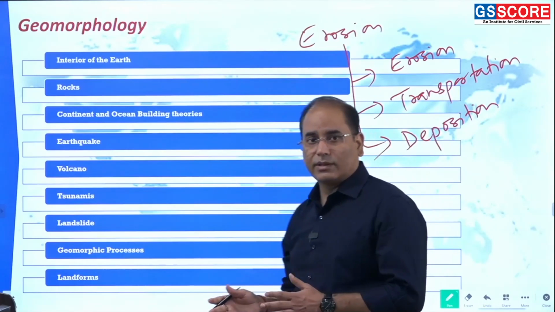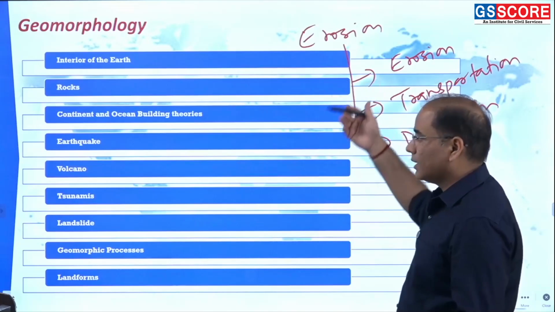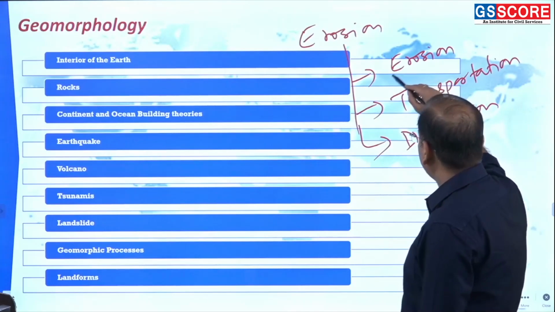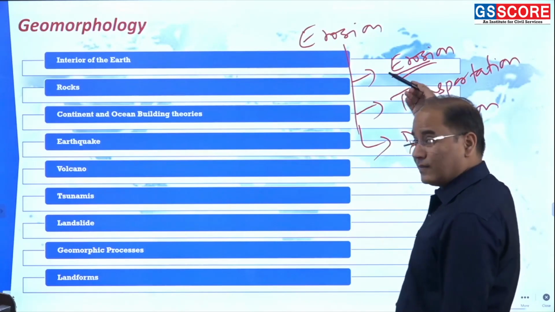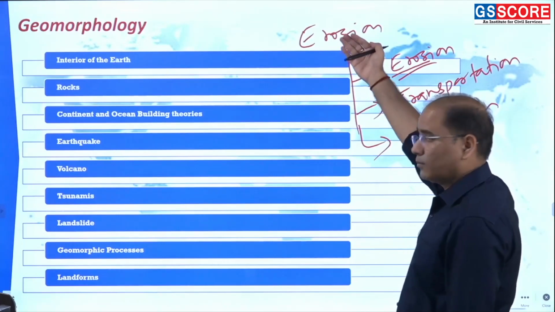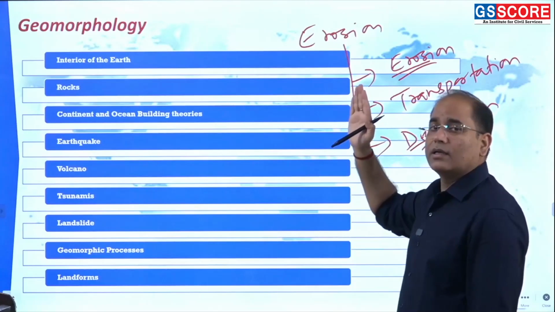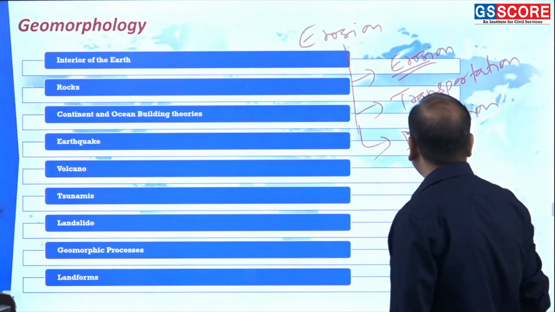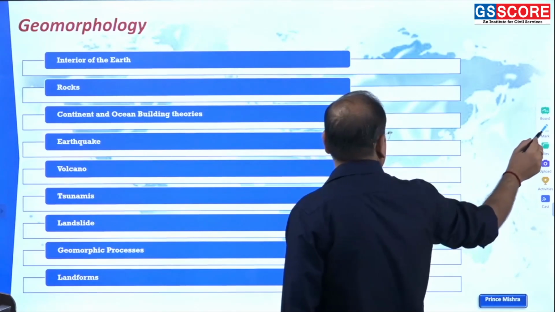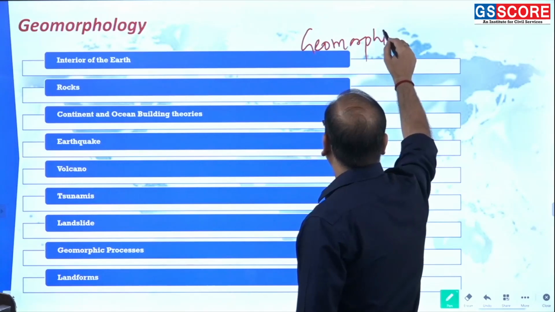So erosion, transportation and deposition combined is referred to as erosion. Now this erosion, as well as deposition and transportation, is done by the geomorphic agents. So you need to study erosion, you need to study deposition, you need to study transportation, but all these are done by the geomorphic agents. So which agents are you supposed to study?